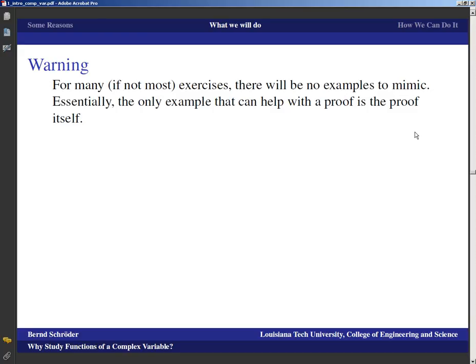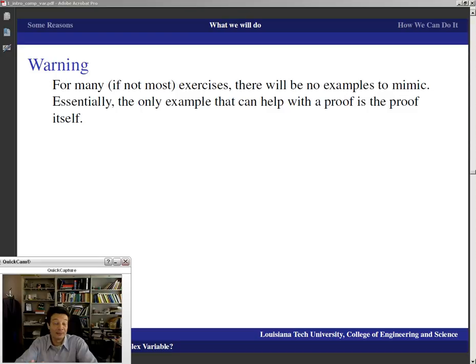So if you have consciously or unconsciously in your calculus classes mimicked examples, and notice I'm not saying that that's bad. For me, jumping from calculus to classes like this also was quite a jump, and I never consciously mimicked examples, but there's something in the approach that people take towards calculus that needs to be refined as we go to these advanced classes, and that can be a bit discouraging.